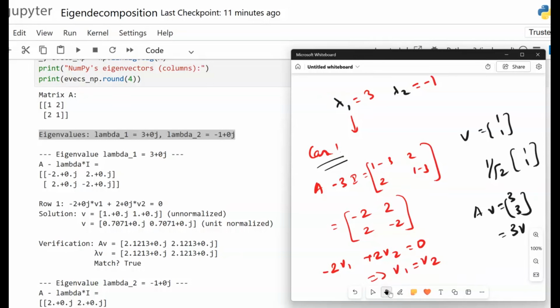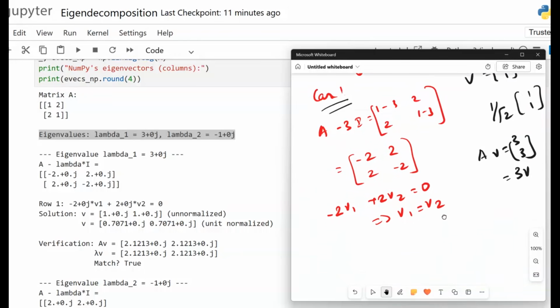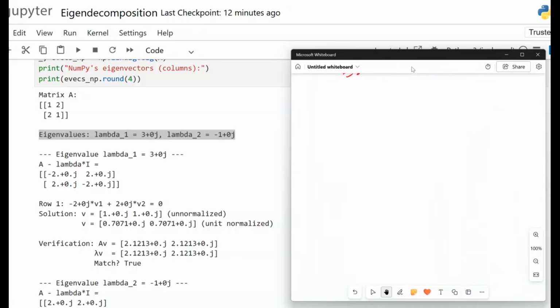So let me compute the shifted matrix for case 2, where lambda is equal to minus 1. Let me make use of it and identify. See here, dear friends, A minus of minus 1 times I gives us A plus I, which is [2, 2; 2, 2].